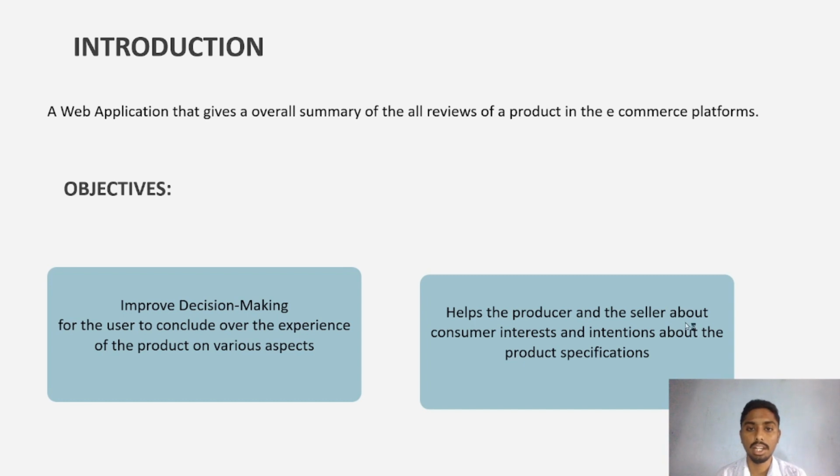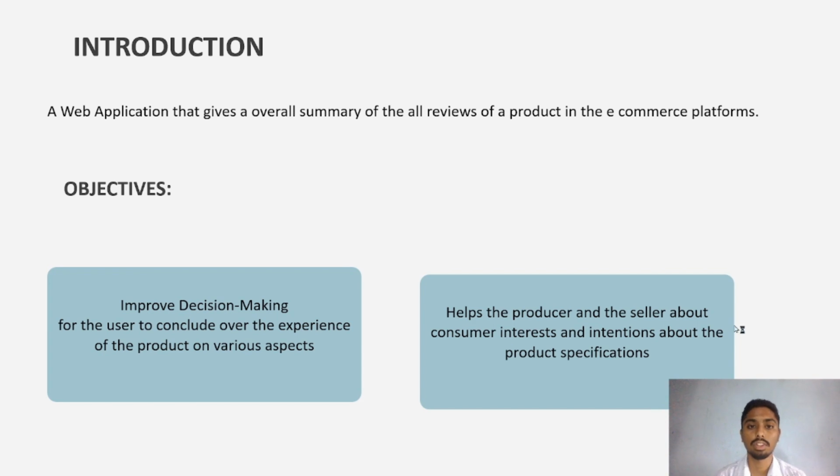We need to build a web application which will take the input of a product link from the e-commerce site and will give a generalized summary of all the reviews related to a particular product. The key objectives of this web application are helping the user as well as the producer.